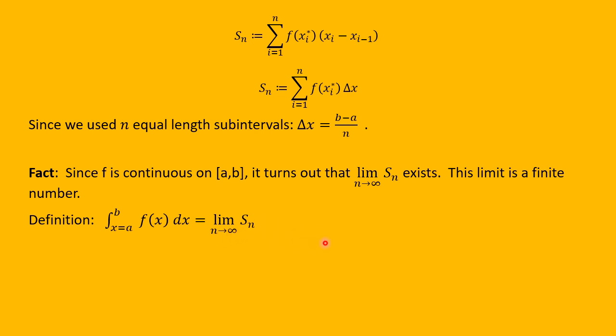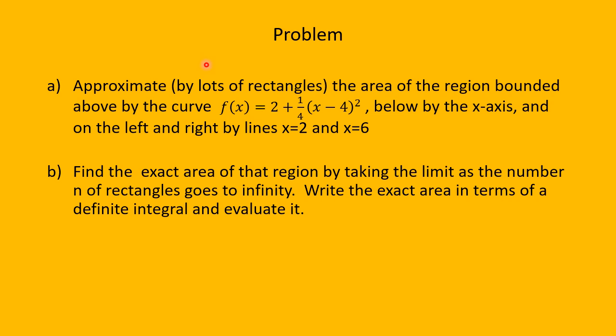As n goes to infinity, the S_n's that you compute will get closer and closer to some number, and that number we will call this definite integral. As I just mentioned, this is called the definite integral from x equals a to b of f of x dx.